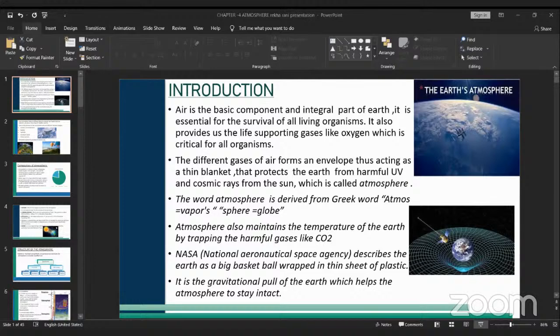They blow from the subtropical high pressure to the equatorial low pressure. You can see the direction of the winds blowing from the subtropical high pressure belts to the low pressure areas. The equator is a low pressure area, and they are descending, coming down to the equator region.